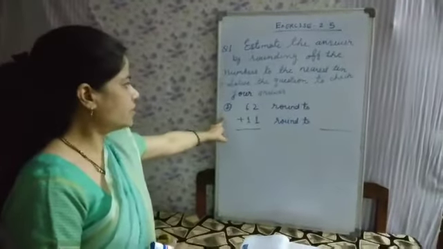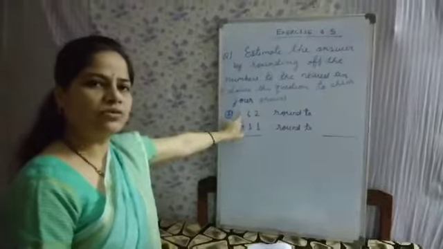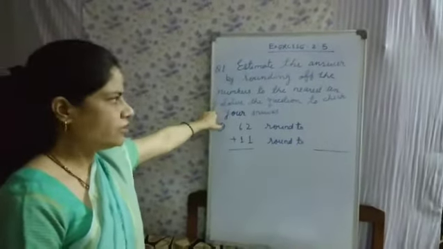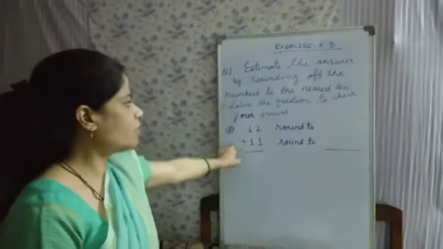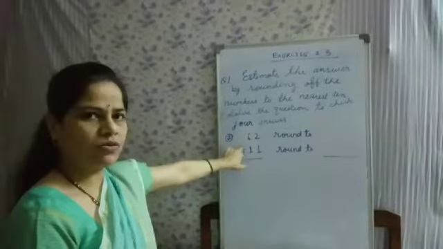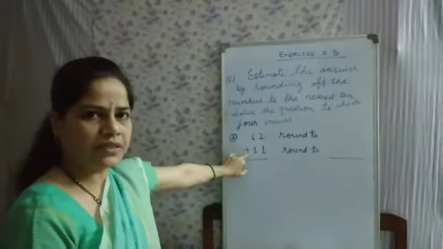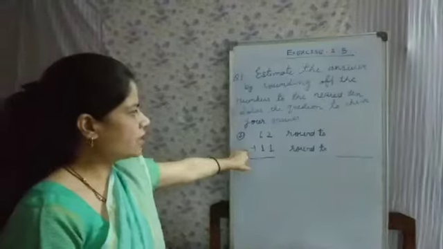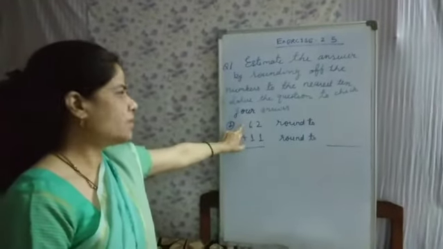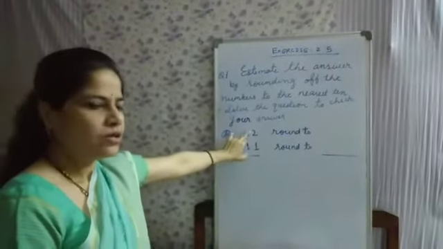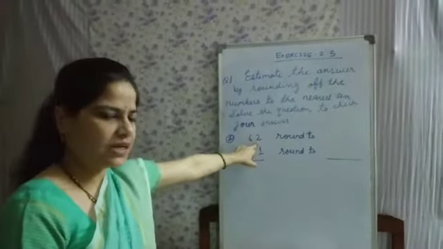Now the third question is you have to add 62 and 11. So according to the question, first you have to round off both the numbers, 62 and 11, to the nearest 10. So I am repeating again, when you want to round off the number to the nearest 10, you have to see the digit of ones place.